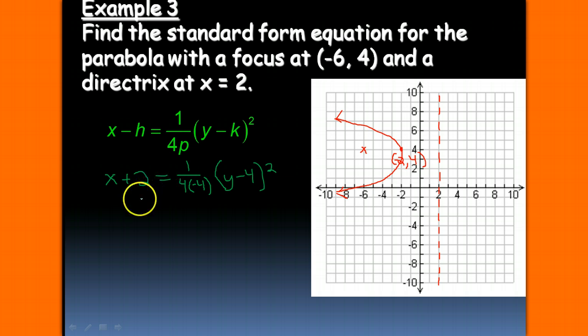Okay, so then we're going to go ahead and simplify this out. We're going to have x plus 2 equals negative 1/16 times y minus 4 squared.